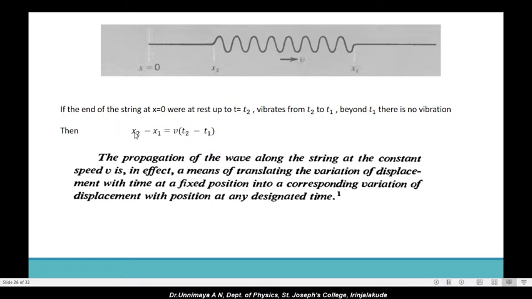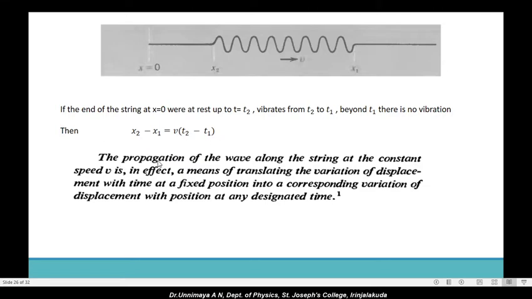Then we can write x2 minus x1 is equal to v into t2 minus t1. So for this vibrating region, the difference x2 minus x1 can be represented as the velocity v with which the string is vibrating between x2 and x1, into t2 minus t1.